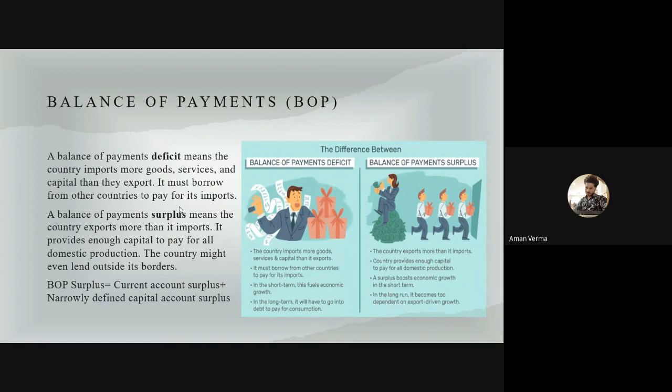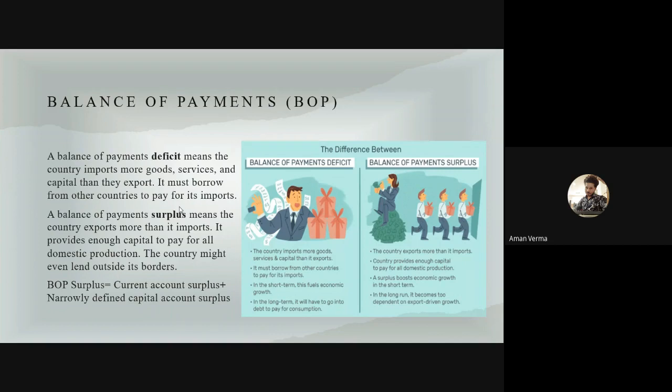Some points which differentiate between deficit and surplus are: in balance of payment deficit, the country imports more goods, services, and capital than it exports, and in balance of payment surplus, the country exports more than it imports. Second point of balance of payment deficit, it must borrow from other countries to pay for its imports. Now, second point for the balance of payment surplus, the country provides enough capital to pay for all domestic production.